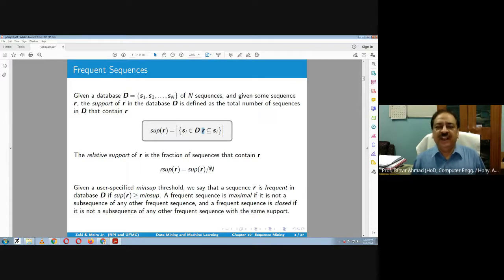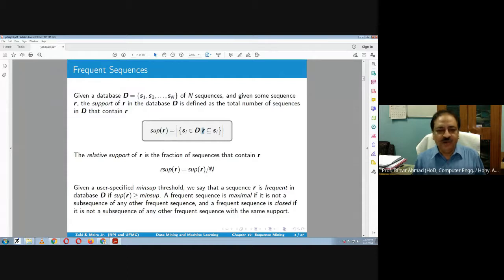We want to find whether any particular sequence R is frequent, that is, whether it is contained in the database above the support threshold we are giving. That means we will provide some specified minimum support, and we say that R is frequent in the database D if the support of R is bigger than the minimum support.